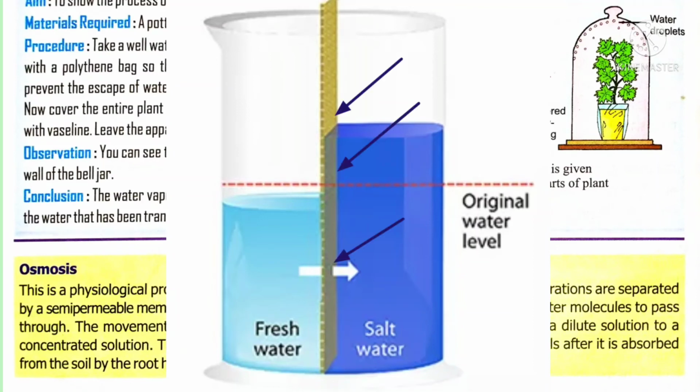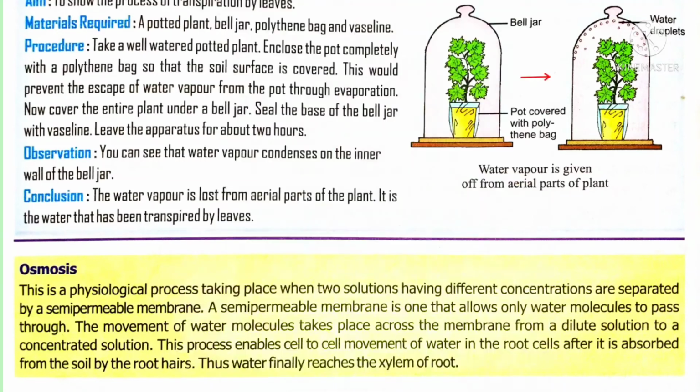If you keep a semi-permeable membrane bag or any sheet inside the solution, the water particles flow from the less concentrated area to the higher concentrated solution, because in the less concentrated solution there will be more water particles and fewer solute particles. So you know that water always flows from the area with more water to the area with less water.